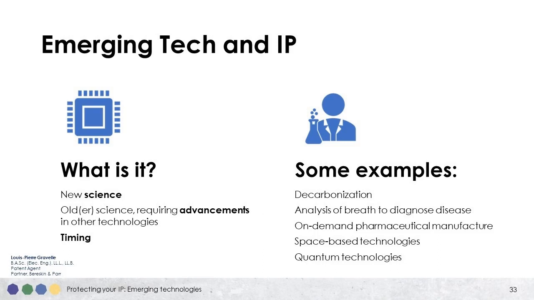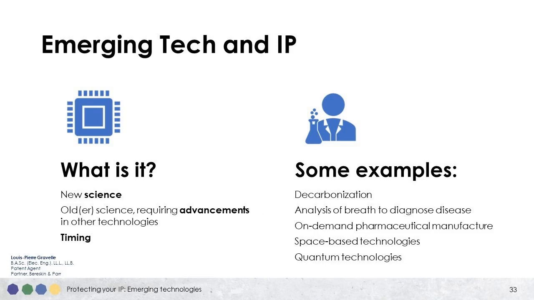We're talking about the environment, the ability for us to be able to remove carbon from the atmosphere and sequester it in some way. Another emerging technology is the analysis of breath to diagnose disease. On-demand pharmaceutical manufacture is another budding field of technology, as are space-based technologies.